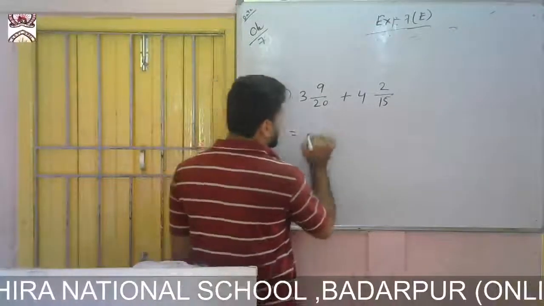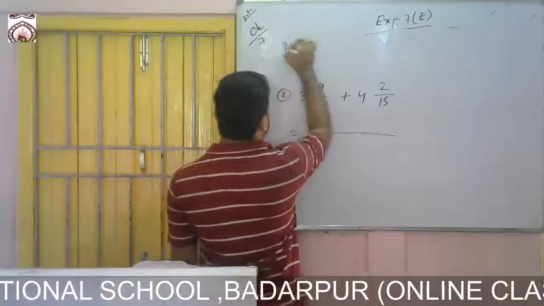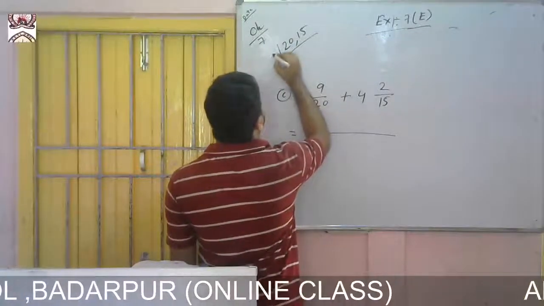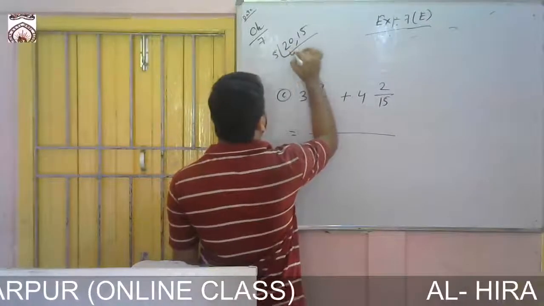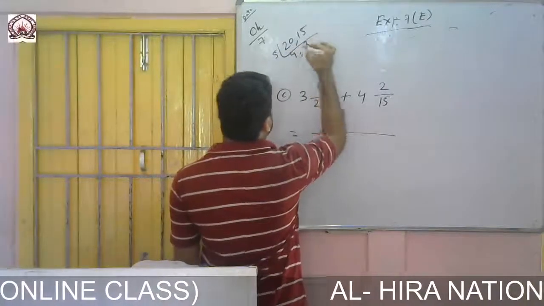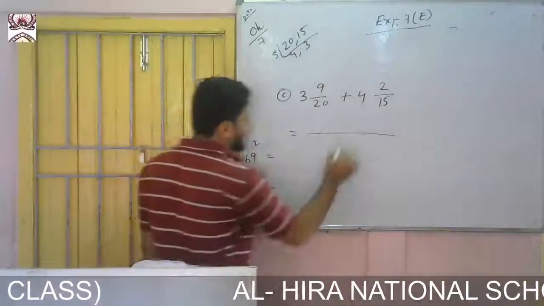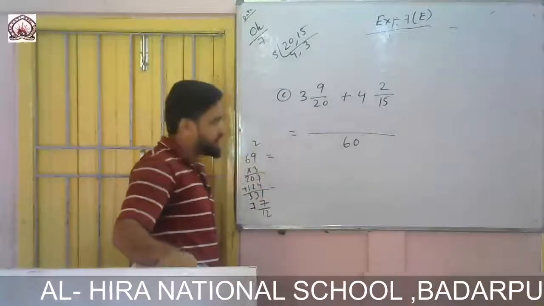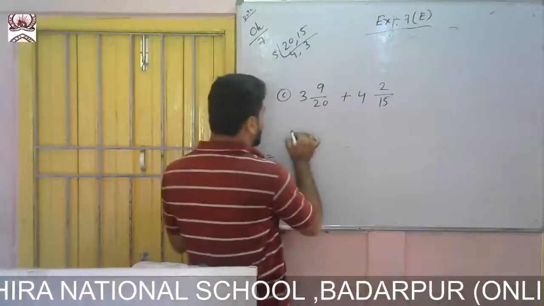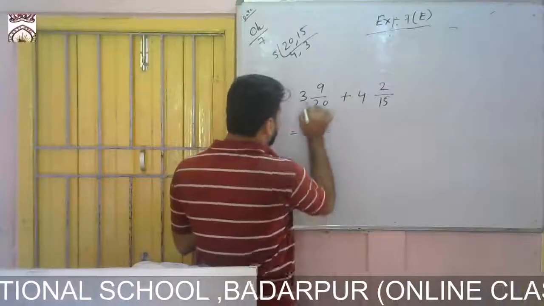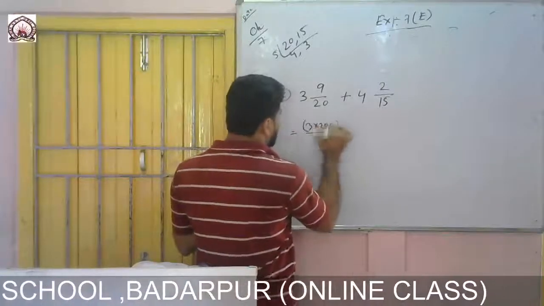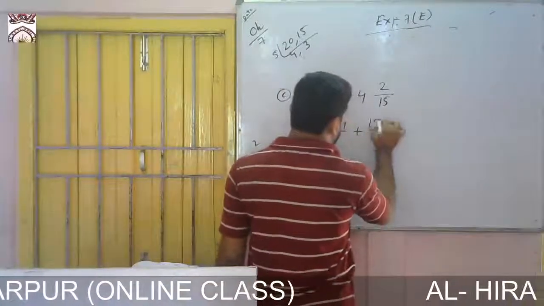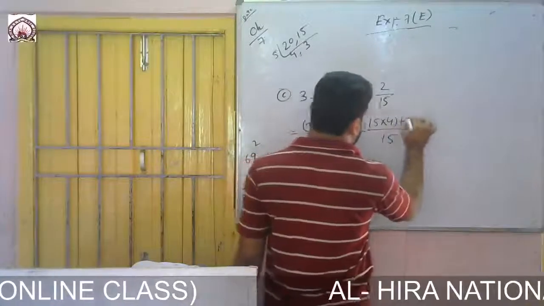Let me solve again. If I take LCM of 20 and 15, with 5, 5 4s are 20 and 5 3s are 15. So it is 60 LCM. Sorry, you first break this one, then you take LCM. So it is 3 into 20 plus 9, plus 15 into 4 plus 2.